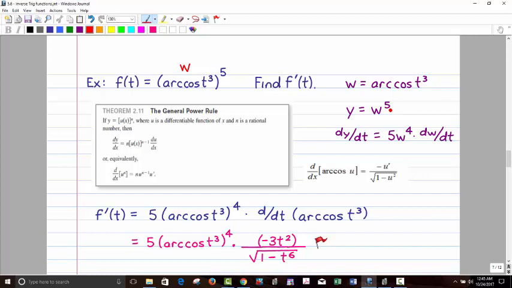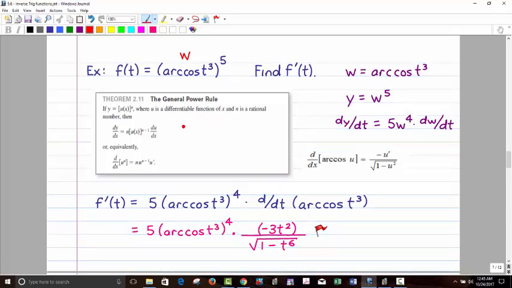So you can do dy/dt chain rule equals dy/dw times dw/dt. But here's how we're going to handle this. We're going to treat this as u to the fifth, not w to the fifth. Same thing. I don't know why I didn't use u. Maybe I didn't want to confuse it with the formula right there.